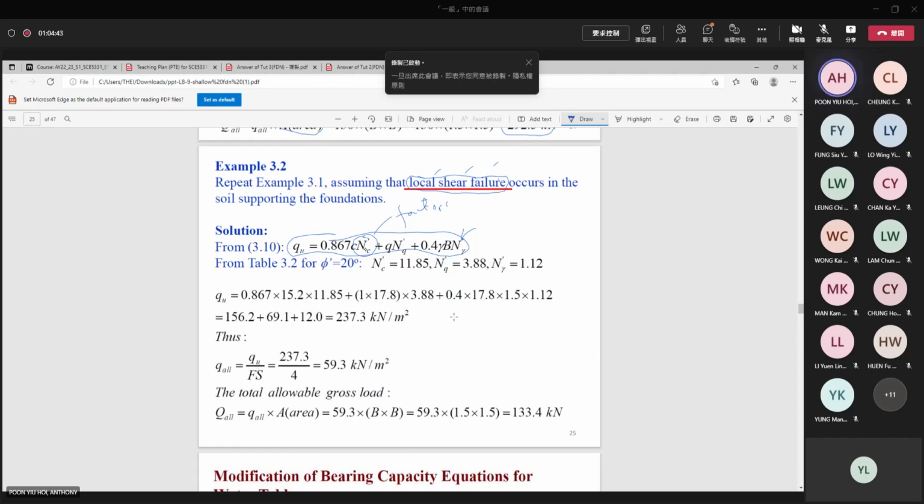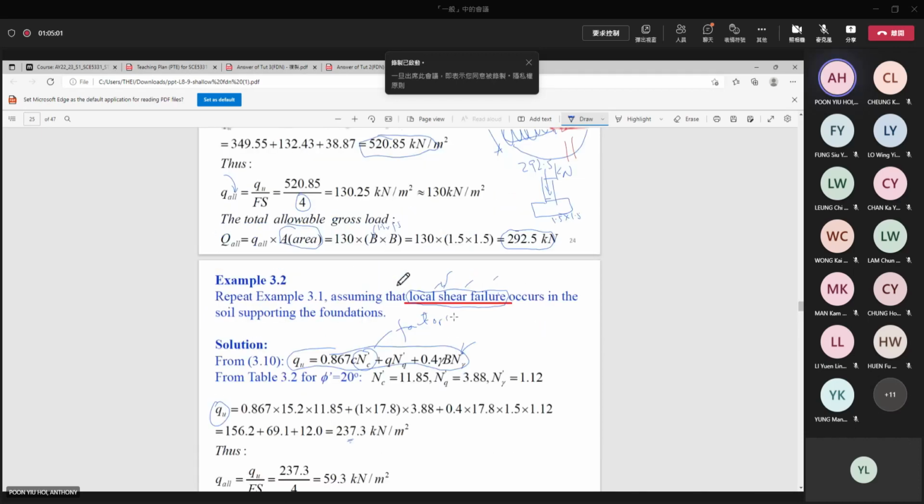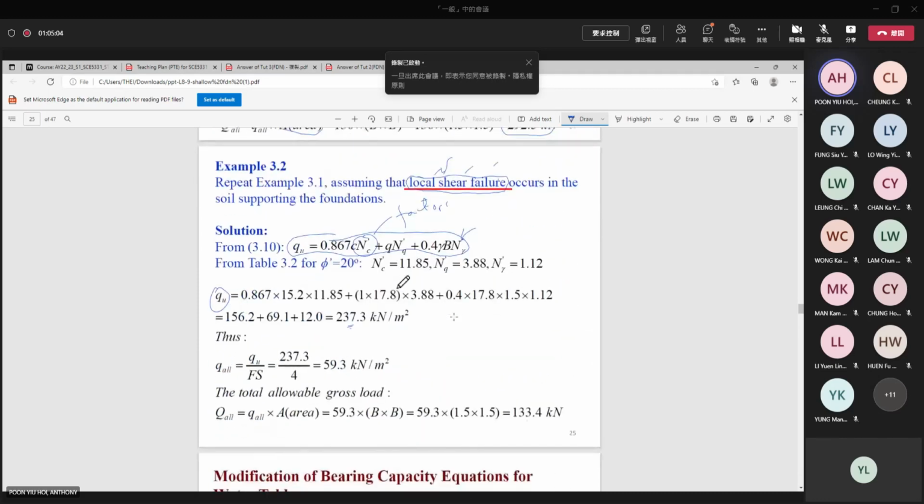By using the same example, but because this is a local shear failure mode, we calculated that the ultimate bearing capacity is only 237 compared with 520. So it is almost half.